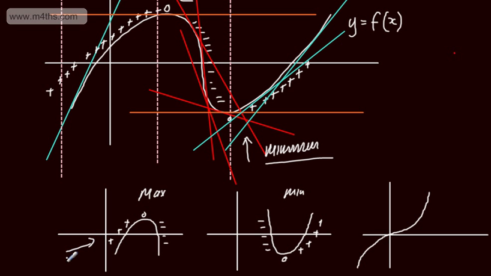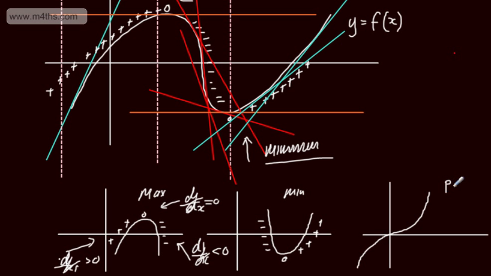So dy by dx for all values of x to the left is going to be greater than 0. At the stationary point, dy by dx will be equal to 0, and then to the other side, dy by dx will be less than 0. So all we see now is a maximum point. The minimum is going to be the opposite. Dy by dx, the gradient function, is going to be less than 0, 0, and then greater than 0.